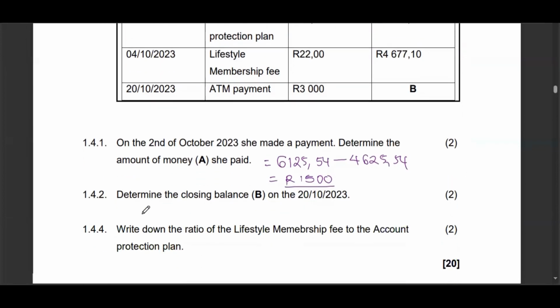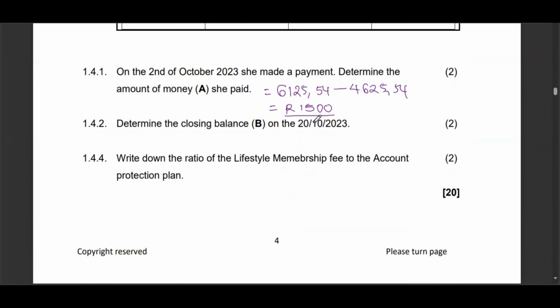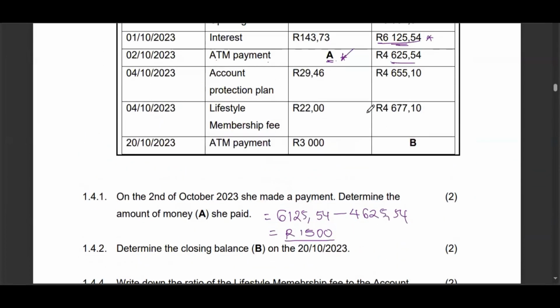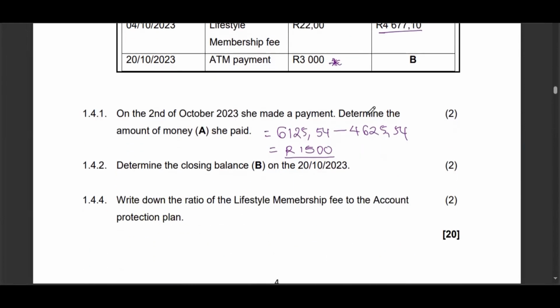All right, we continue. Determine the closing balance B on the 20th of October, 2023. Now, he made another payment. Remember, I told you a payment made, you subtract from the balance, whereas in the bank account, if there's any payment made, it will be adding. All right, there we go.